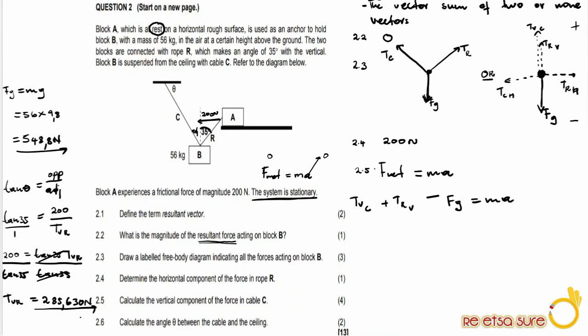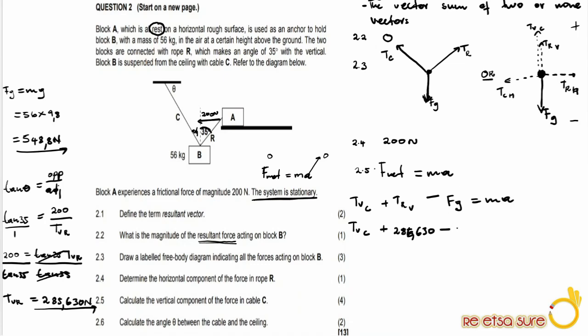Okay, so from here I must go back to substitute. What is our TVC? It is the one that we're looking for. Plus, what is our TVR? Our TVR is 285,630, minus, what is our FG?